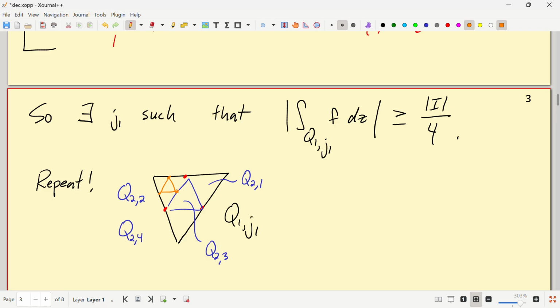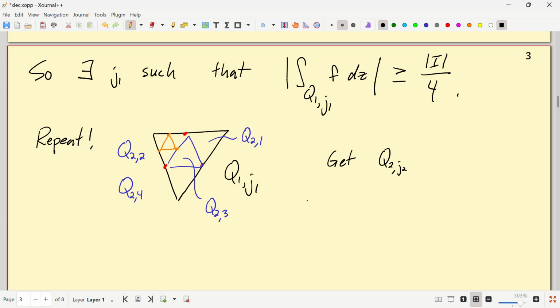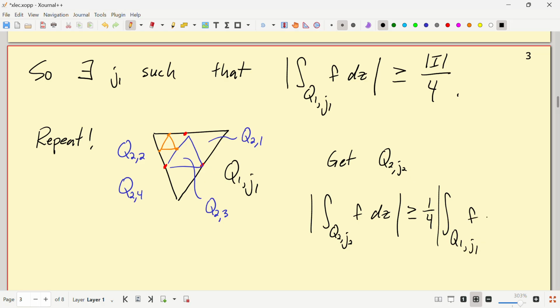Okay, so let's say I'm repeating it this one time. I get a Q2, J2 with that integral being kind of big. So the integral around Q2, J2 of f dz would be greater than or equal to 1/4 times that previous integral, the integral around Q1, J1 of f dz.